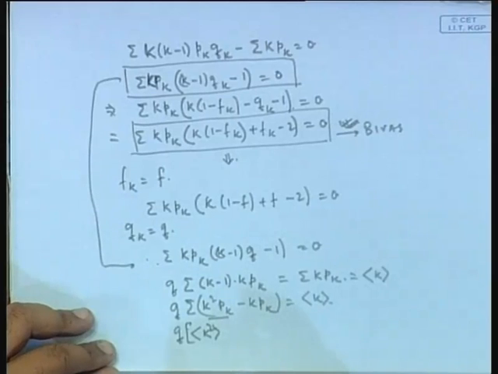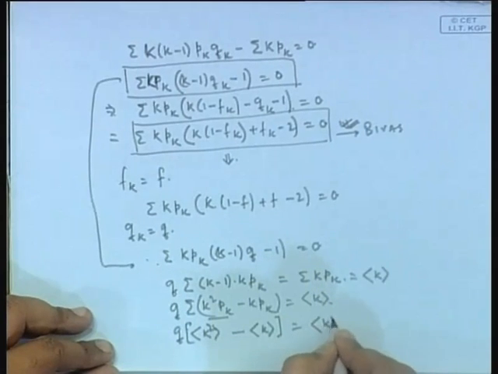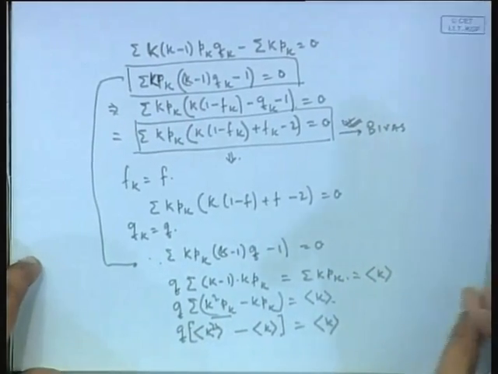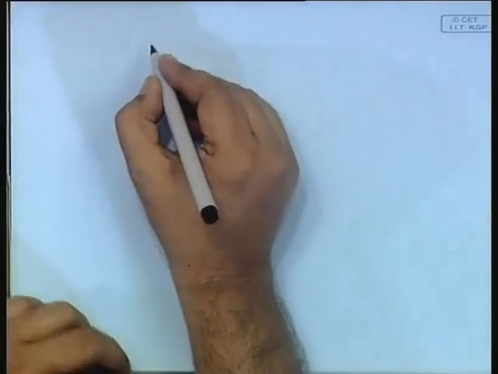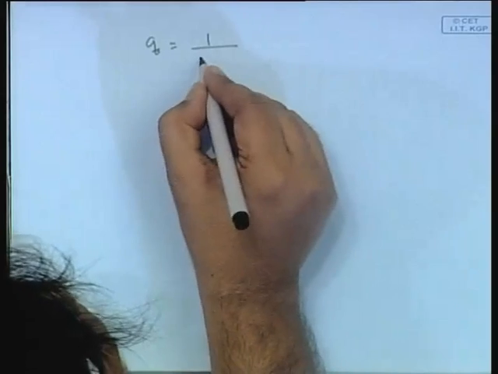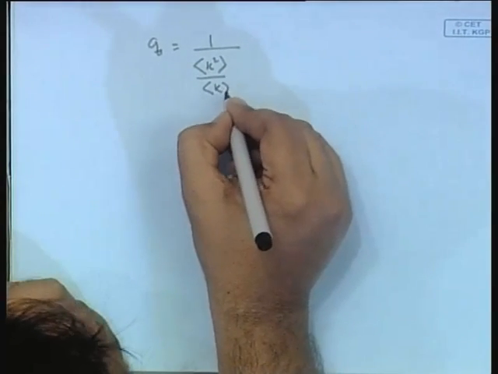This is the second moment, and this is the first moment. So, what is q coming to be? Q is coming to be 1 minus k square by k minus 1.